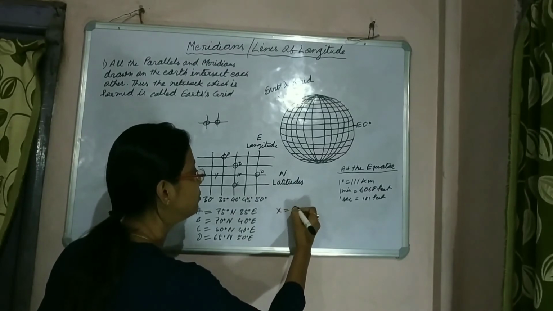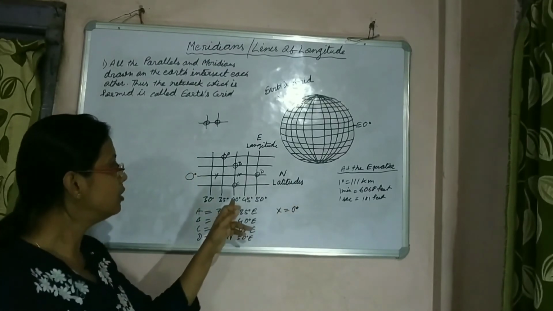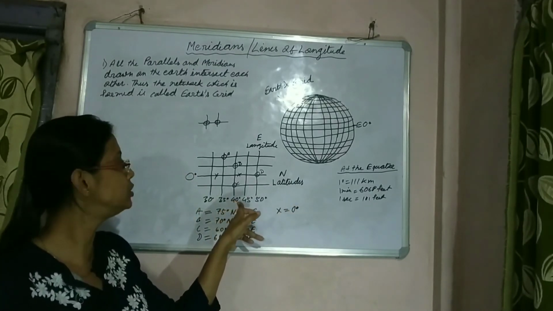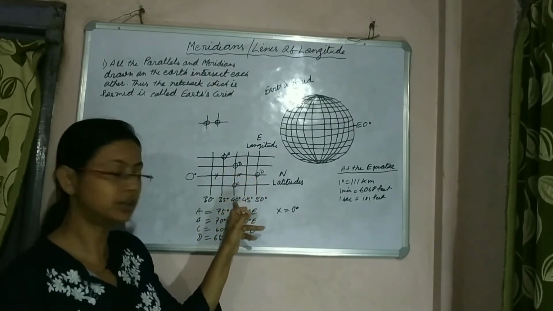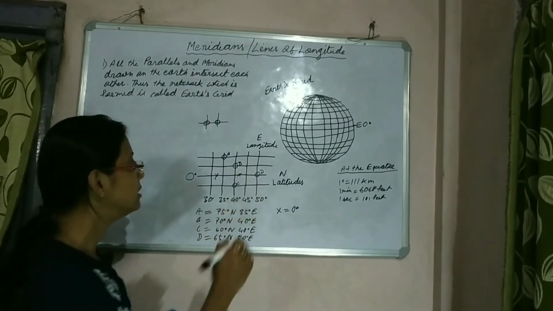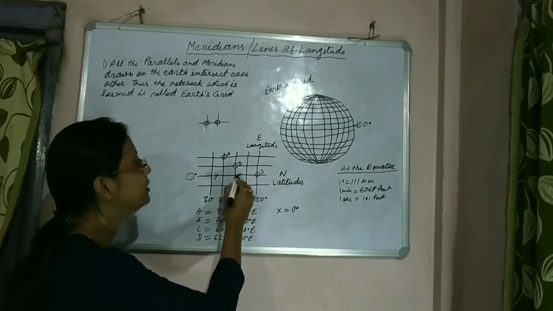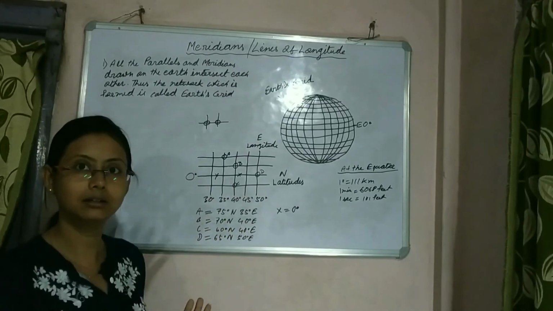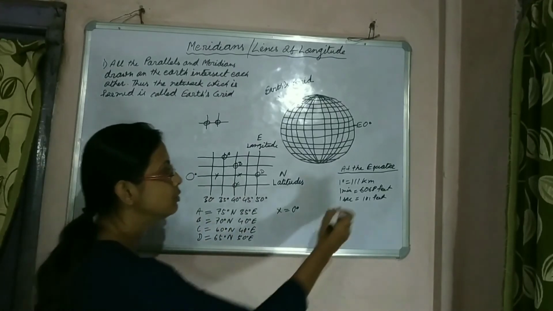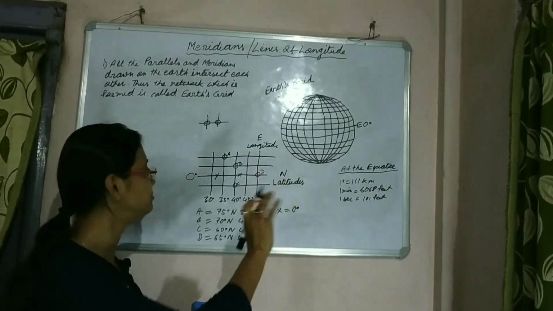So the latitude will be 0 degree. Now from the 40 degree longitude, it is located a little east. How much? Suppose it is located 1 minute and 5 seconds away.